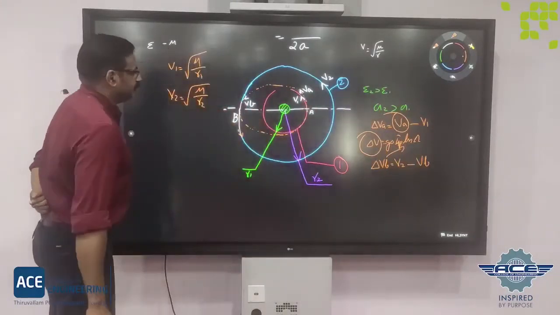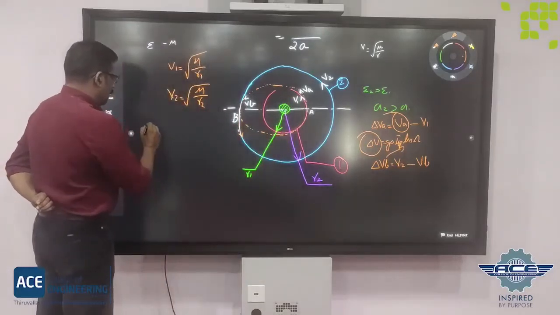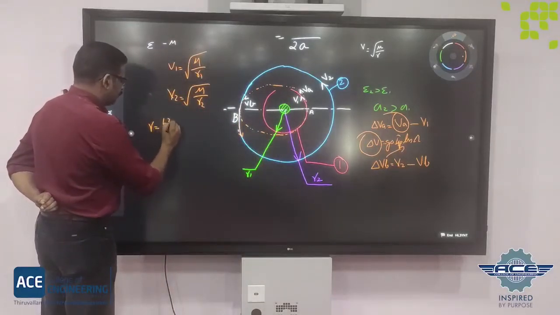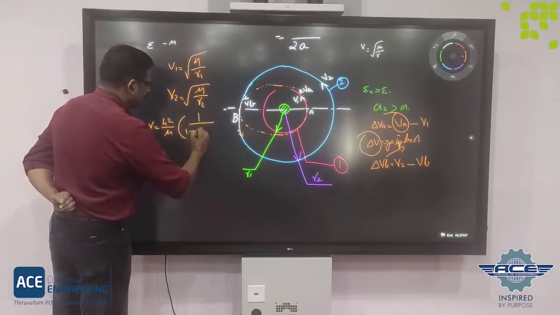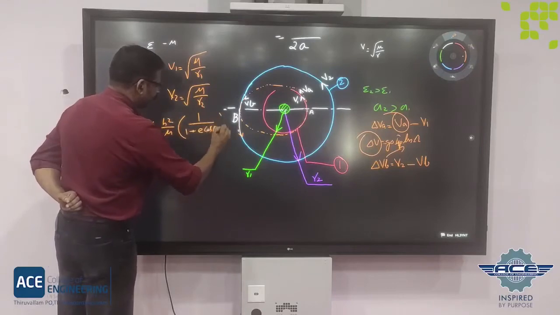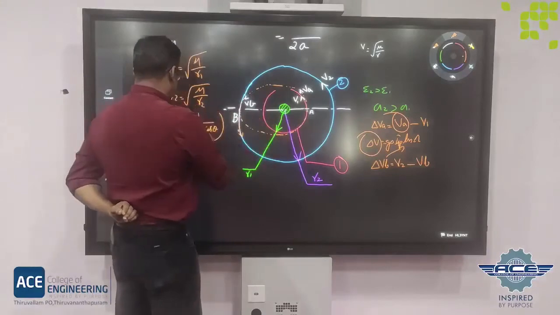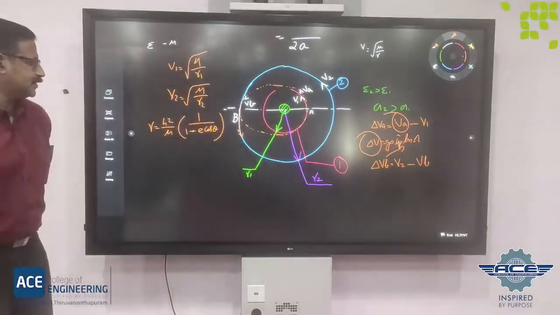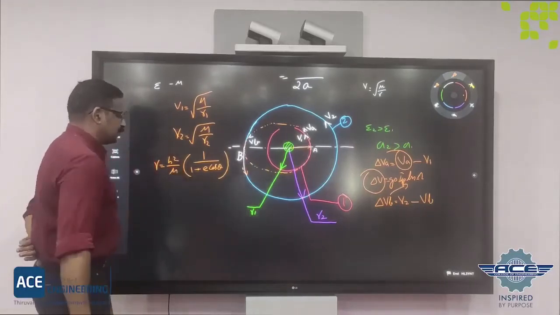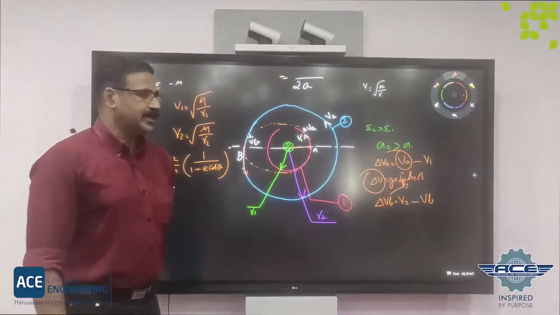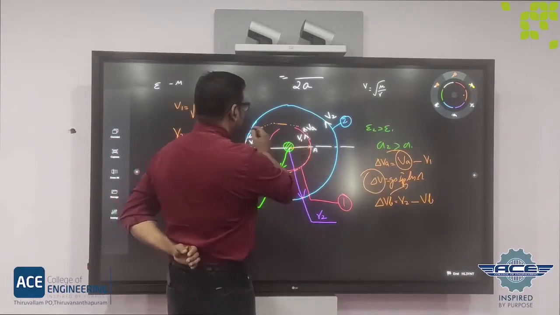To calculate VA, it is an elliptical orbit, so we can use the orbital equation. R is equal to h squared by mu into 1 by 1 plus e cos theta. Here h is the angular momentum, mu is the gravitational parameter, and e is the eccentricity, which defines what conic section is defined by this Hohmann ellipse.